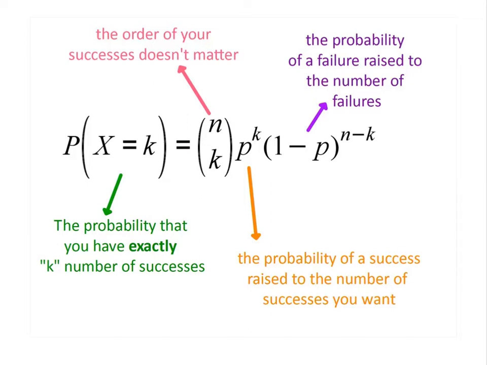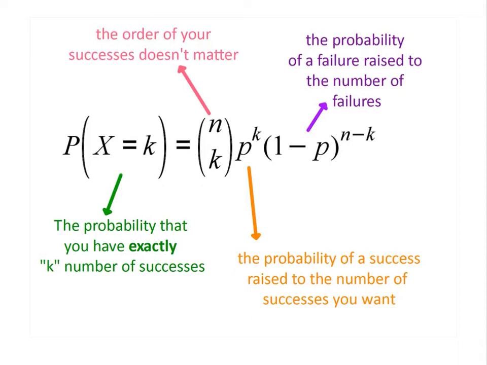It's still the same outcome probability-wise. This p to the k piece is the probability of a success raised to the number of successes I want. Then I'm going to have a couple failures, so the probability of a failure is 1 minus the probability of a success, raised to the number of failures, or the number of trials minus the number of successes.